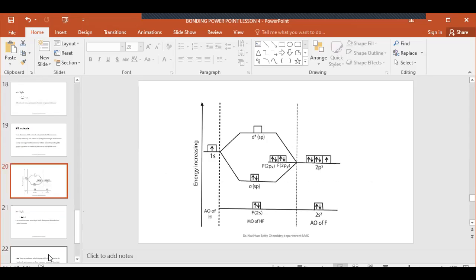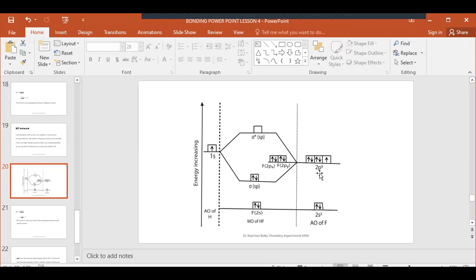Let us look at the molecular orbital diagram. It looks like this. We only use the electrons in the n=2 orbitals. We have 2s2, 2p5. So the electrons from the 2s come in the middle to form the molecular orbital.